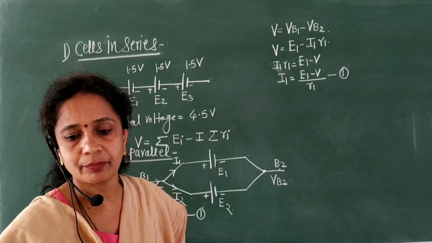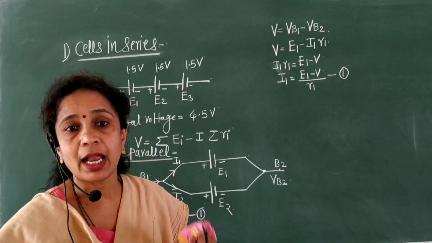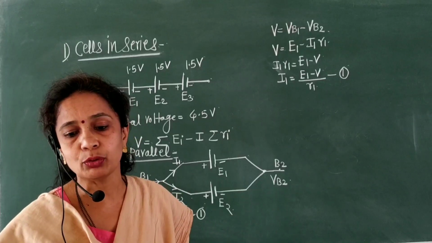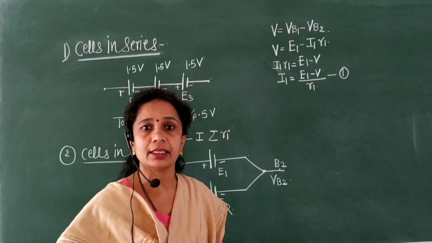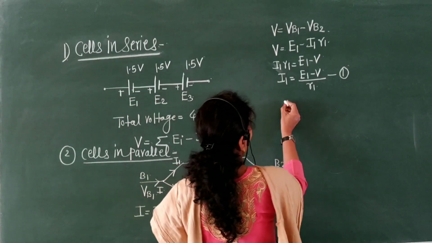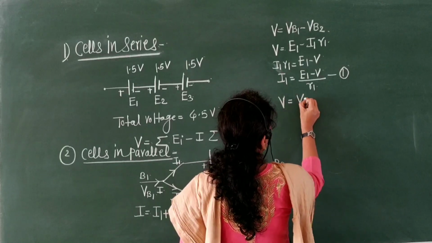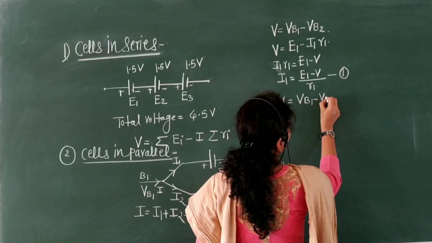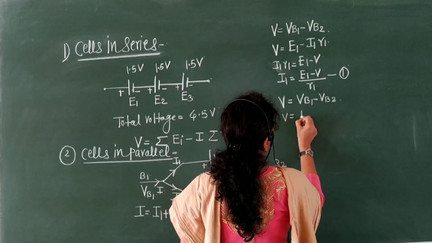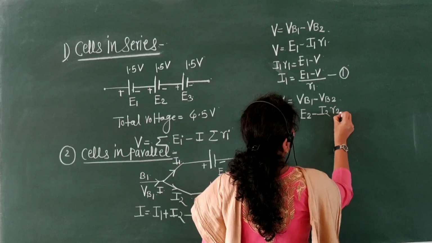Now similarly, for the second cell, the potential difference across its terminal, because B1 and B2 are connected exactly similarly to the second cell also, we can find V equal to VB1 minus VB2, which is V equal to E2 minus I2 R2.